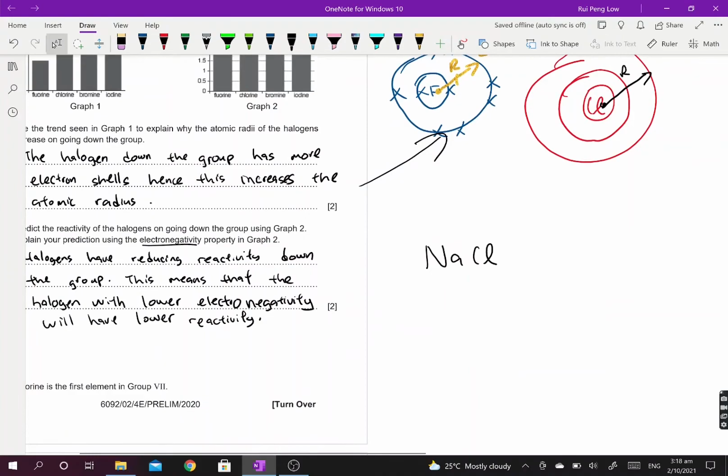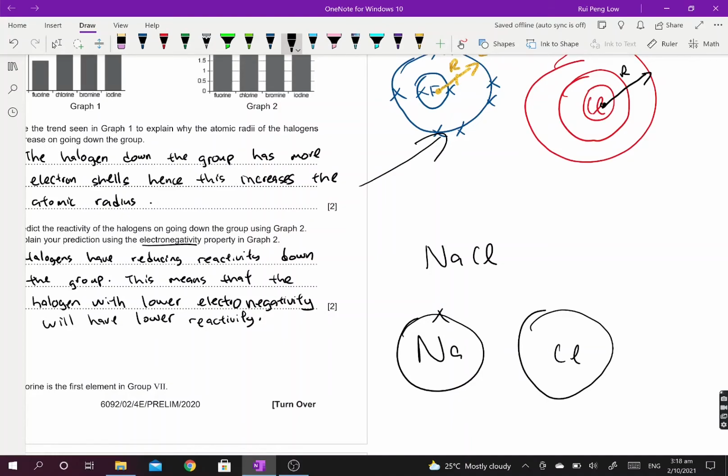In order for you to form NaCl, the Na outermost electron must be donated to the chlorine in order to form an ion. So what is electronegativity?